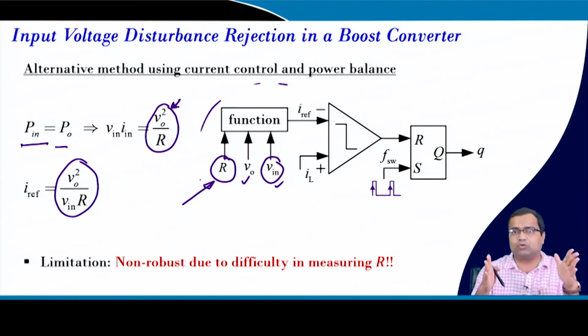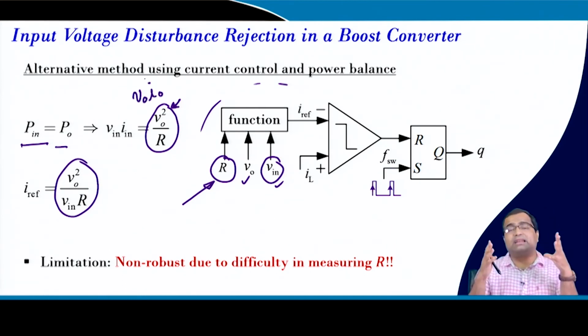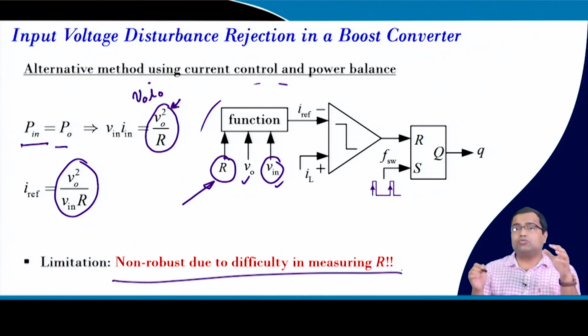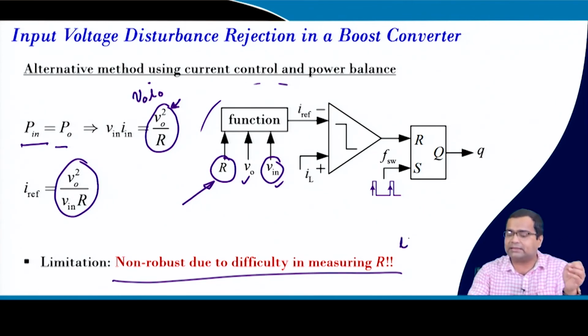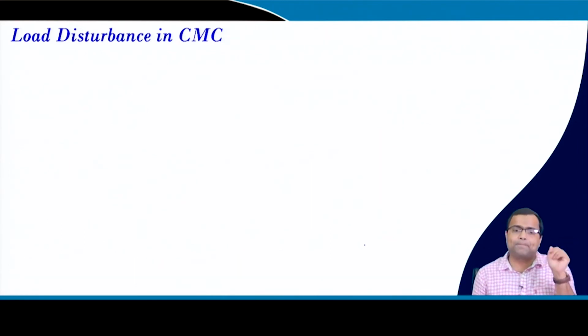Either you have to sense the load current, then you can multiply with this, because this can also be V0 into I0, but even that requires load current sensing. So this is a non-robust method due to the difficulty in measuring load resistance, or the load current. Still, this technique can drastically reduce the effect due to the supply disturbance in a boost converter.